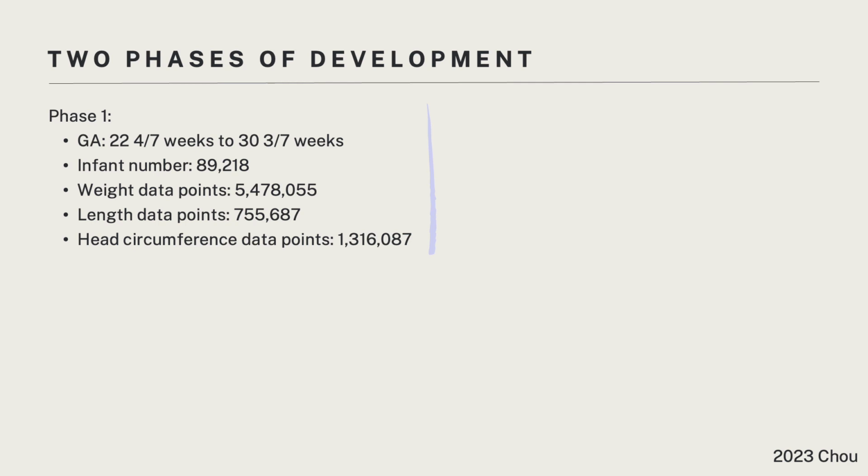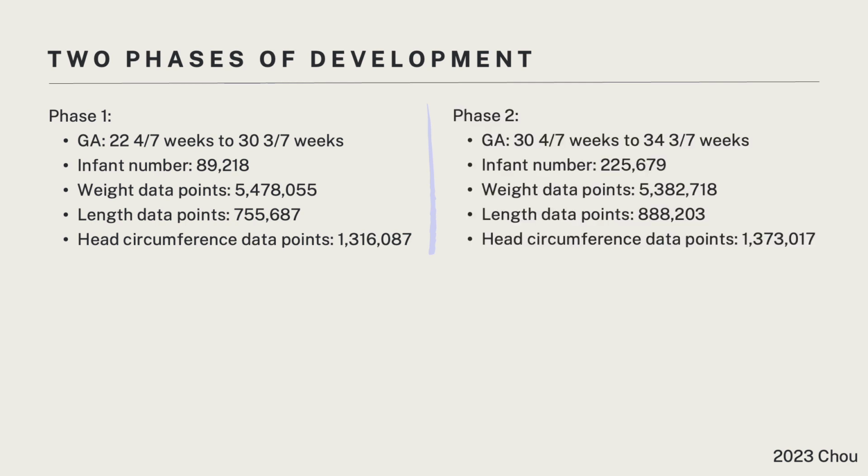In phase 2, over 225,000 infants born between 30 weeks 4 days and 34 weeks 3 days were included. There were approximately 5.4 million weight data points, around 890 length data points, and over 1.3 head circumference data points.